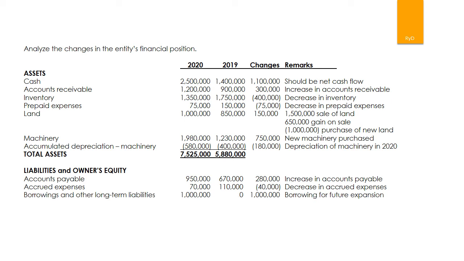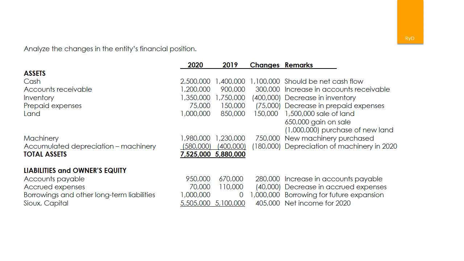And then we have our borrowings, our long-term liabilities at 1 million for 2020. We stated earlier that this borrowing is for a future expansion. And then our capital at 2020 is at 5,505,000, and then at 2019 it's at 5,100,000.